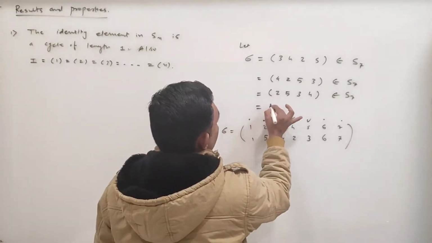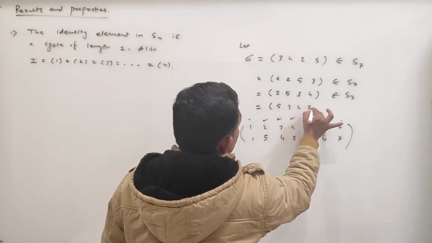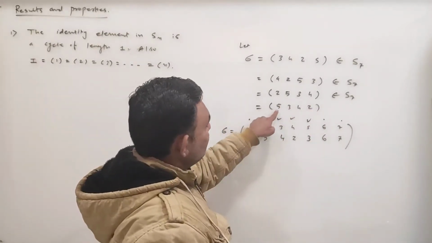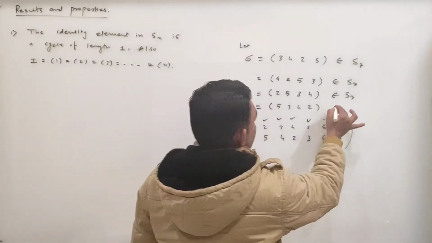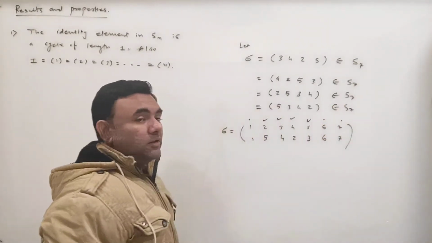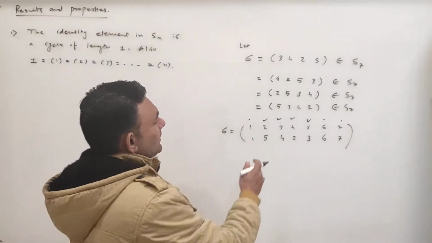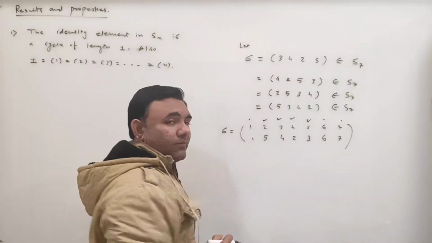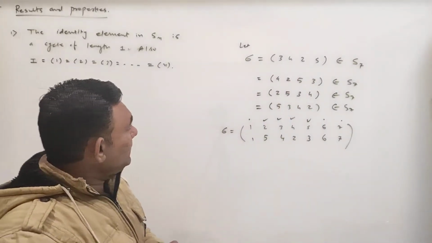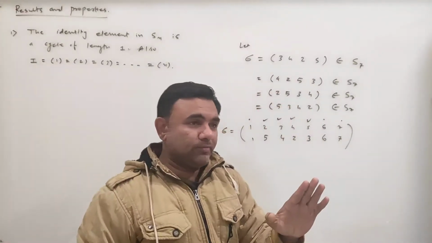Let me write it this way also: 5, 3, 4, 2. So again you can say this will represent the same sigma. So this is also a cycle, right? If I consider again 3, 4, 2, 5, then I get this same one. So see, here sigma is a cycle of length 4.